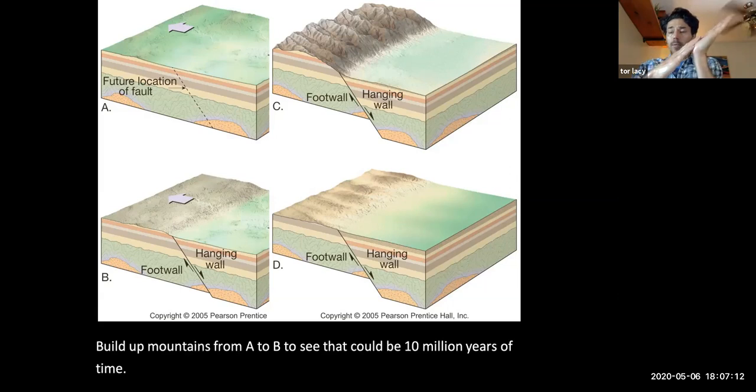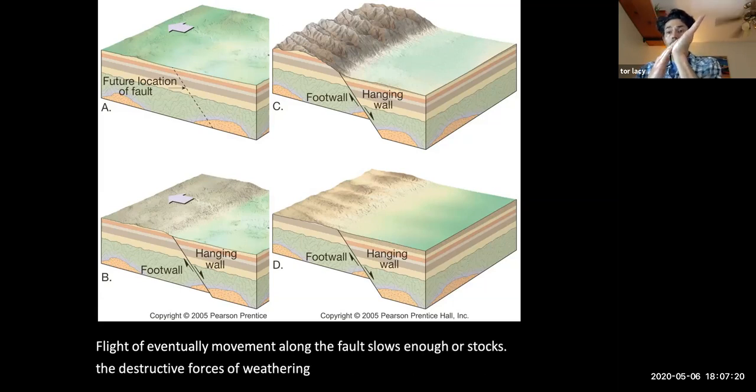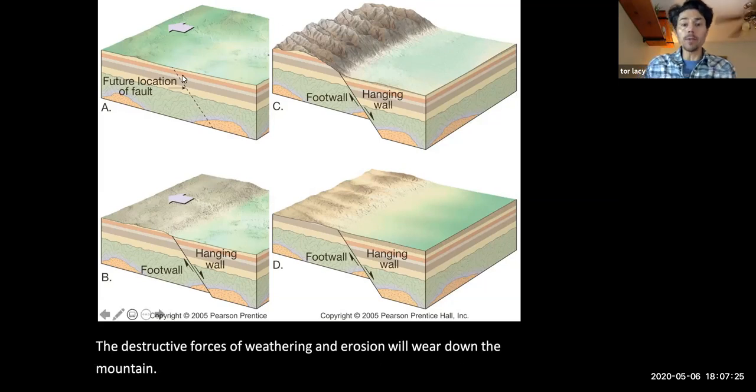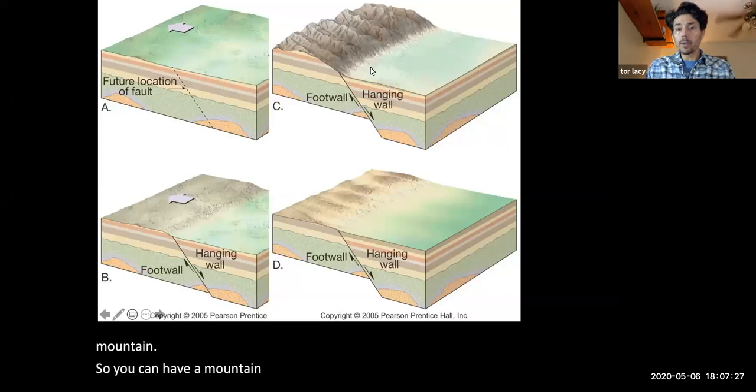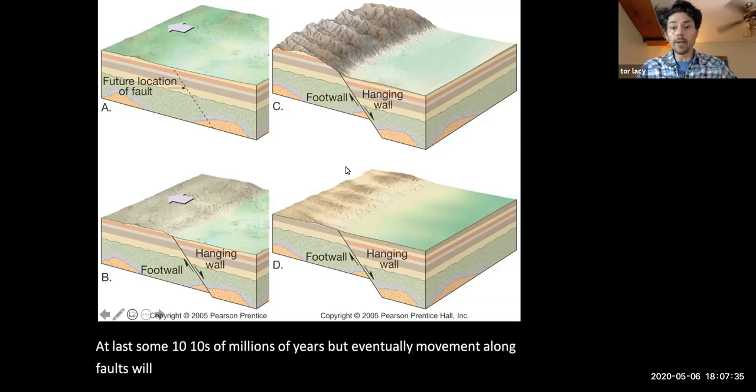But if eventually movement along the fault slows enough or stops, the destructive forces of weathering and erosion will wear down the mountain. So you can have a mountain building episode that lasts some tens of millions of years, but eventually movement along faults will slow or stop altogether, and the mountains will get worn back down.